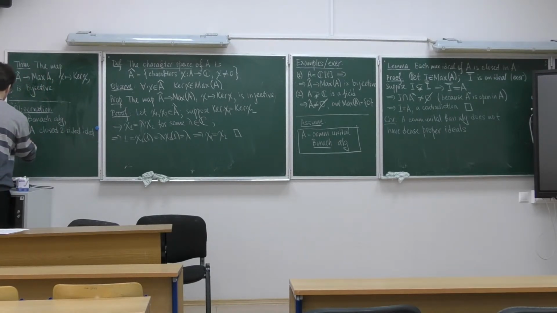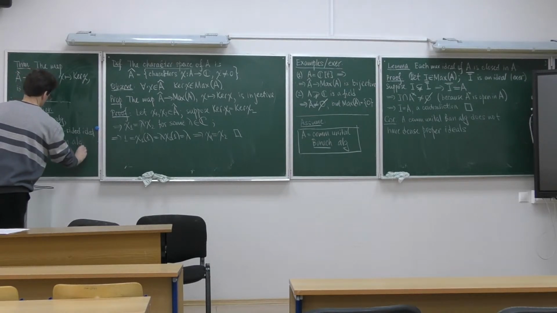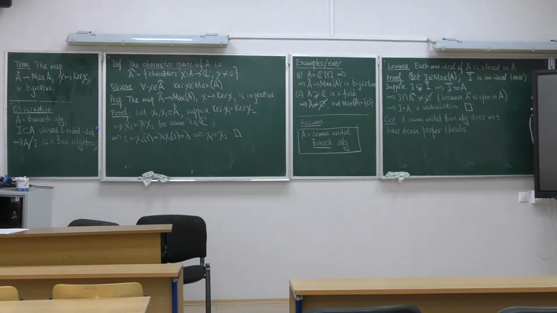Then the quotient of A modulo I is a Banach algebra in a natural way. This is a Banach algebra with respect to the quotient norm.